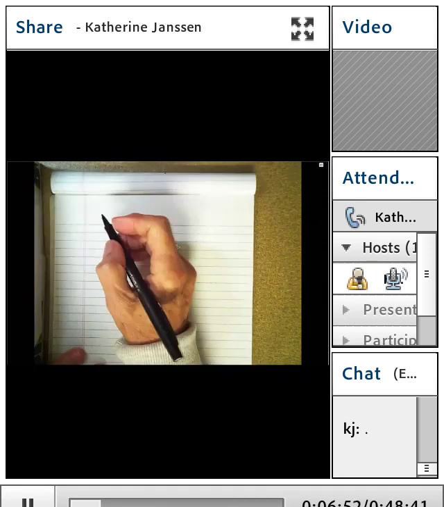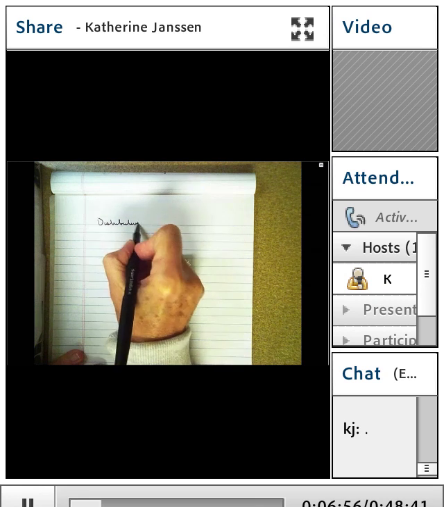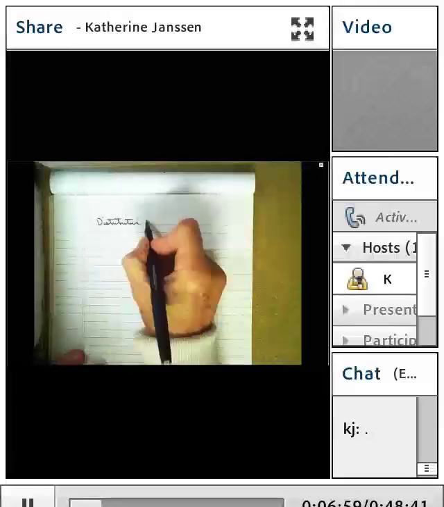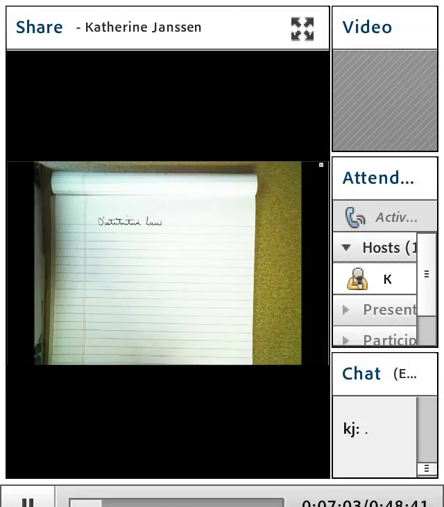Then we introduce our distributive law of multiplication over addition.